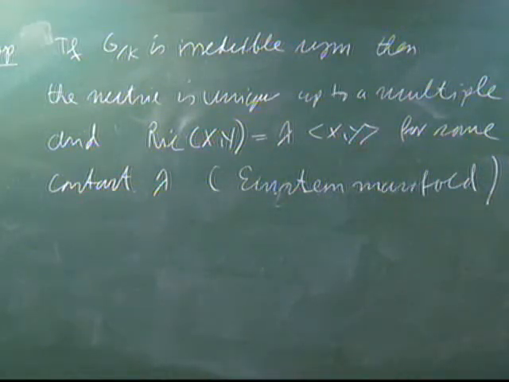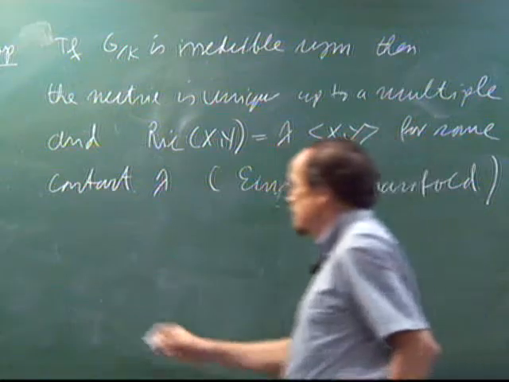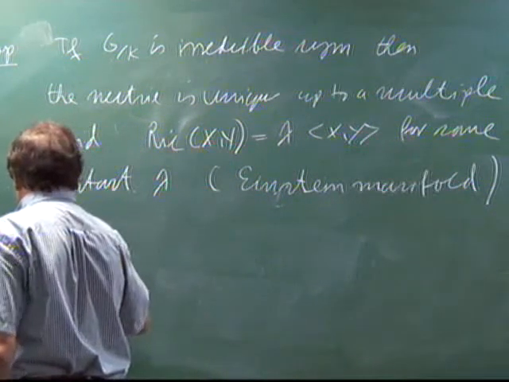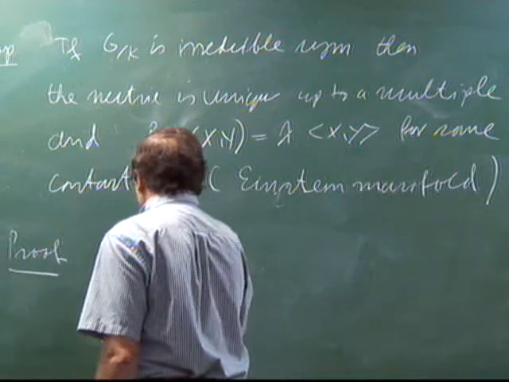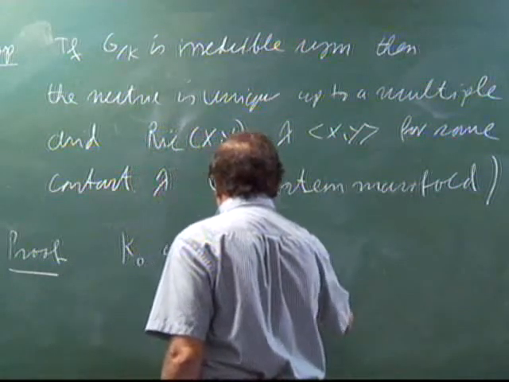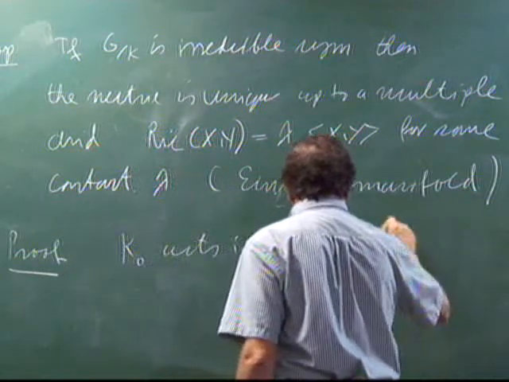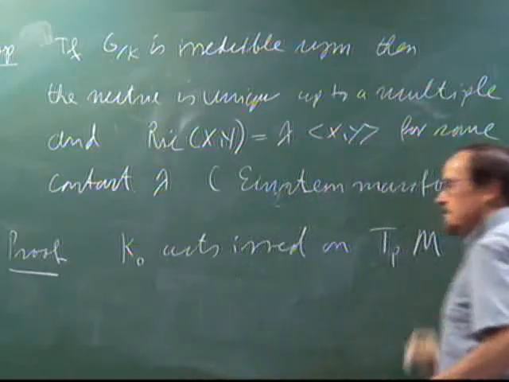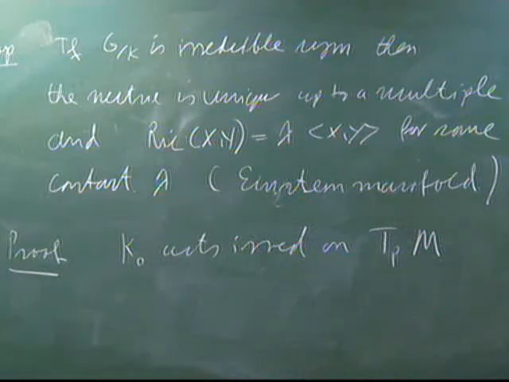Have you seen a proof of such things? Let's think of the first one. Why is the metric unique? So what do we know? We know that K naught acts irreducibly on the tangent space at my base point p. The metric on TpM determines the metric everywhere.